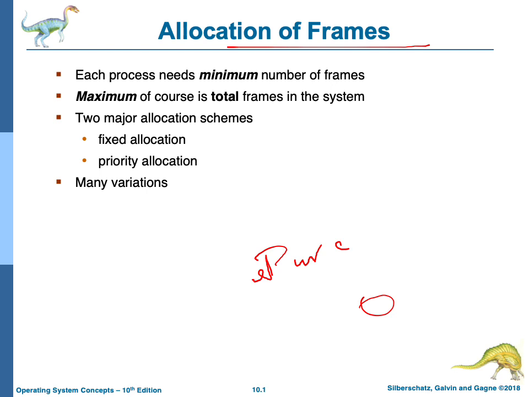And that's not common, so usually we start with a minimum number of frames, and then the allocation schemes can vary, and we can talk about 2 main ones: the first is the fixed allocation and the second is the priority allocation.